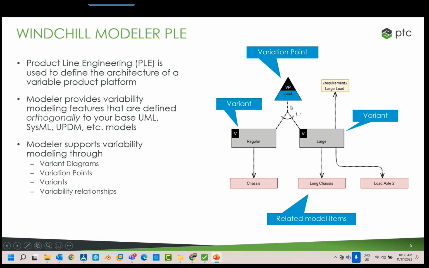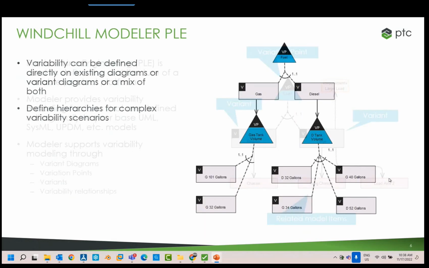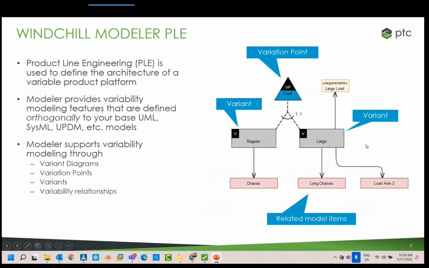So if the user chooses regular, then we'll include this in the model. But because we've not chosen large, these elements will be removed from the model. So remember, we start with an overloaded 150% model.